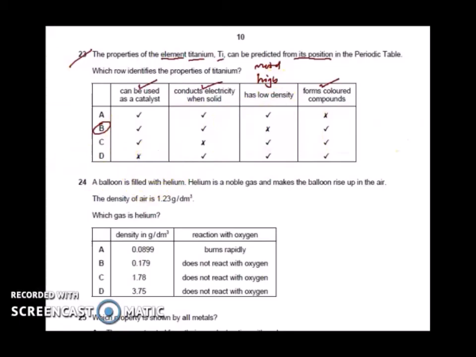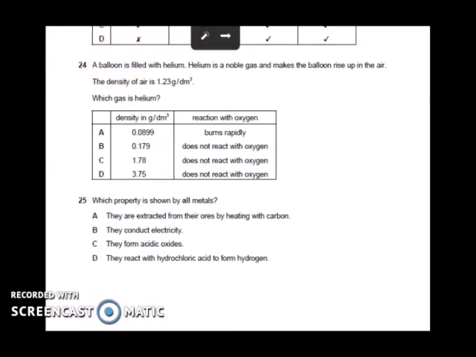Okay, now for number 24. A balloon is filled with helium. Helium is a noble gas. It makes the balloon rise up in the air. Which gas is helium?